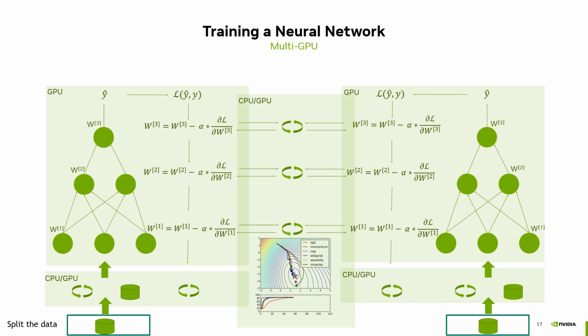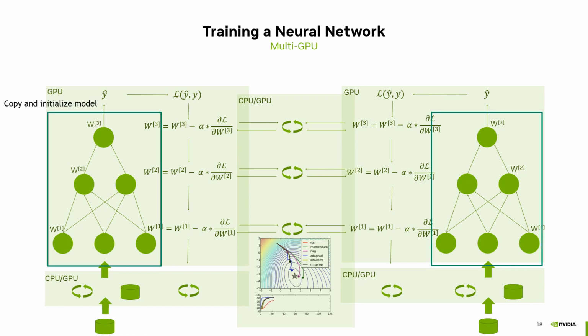Okay, so here we have different things that need to be taken care of, right? First, we need to be able to split the data, and this might not be as easy, since we don't want to always have the same data on the same GPU, because we've seen in other lectures that this randomness is actually desired. Another thing we need to do is copy and initialize the model, as I was mentioning.